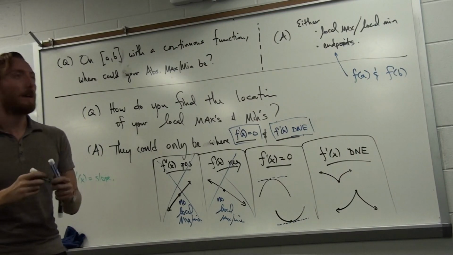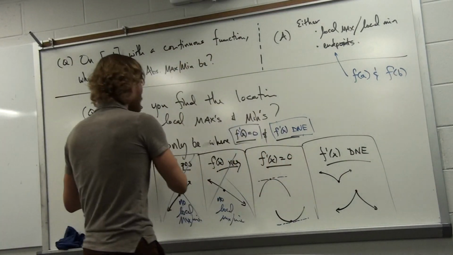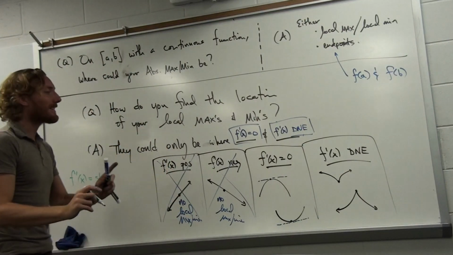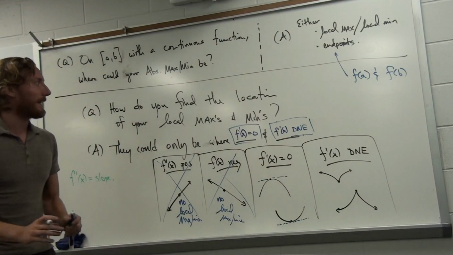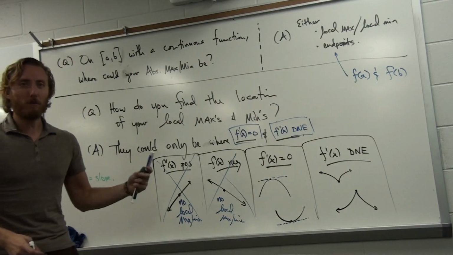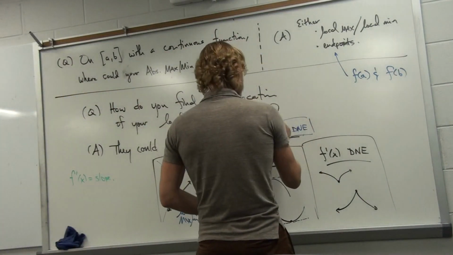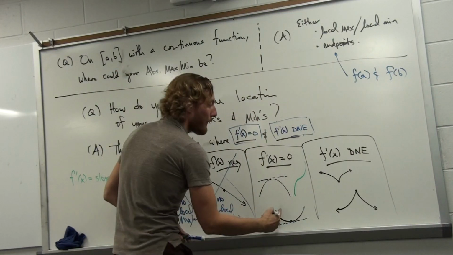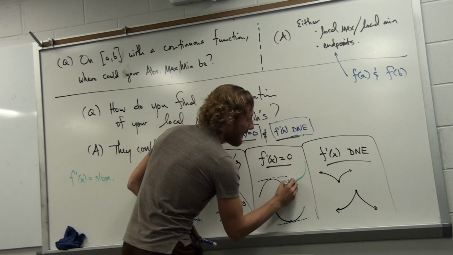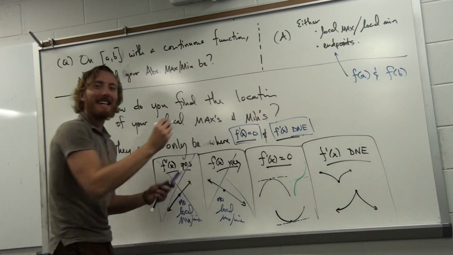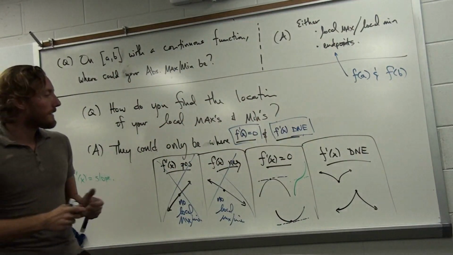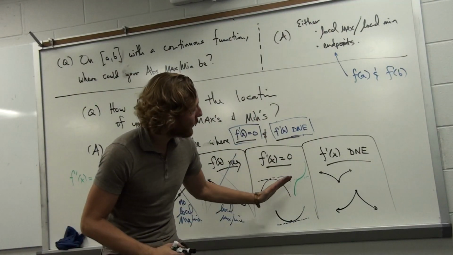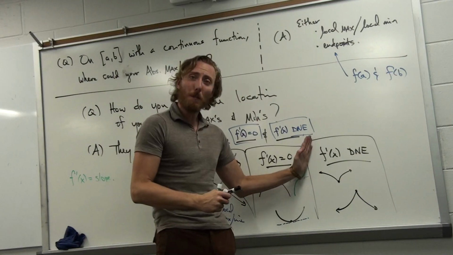Now, to be clear, let me be very clear. This is where they could be. I'm not saying you're always going to get a local max or a local min where the first derivative is 0. Take a look here. What if we had a function like so that sort of flattens out for an instant and then continues to ascend upwards? Because this function is coming in positively sloped, flattens out for an instant, but then goes out positively sloped.